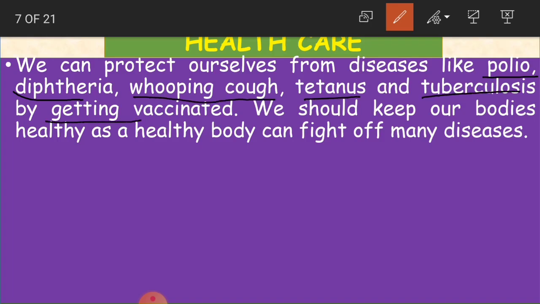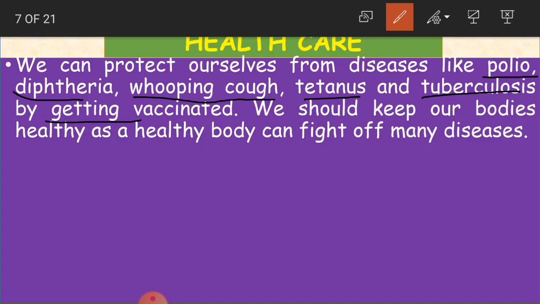Yes, communicable diseases. Okay, and we can be protected from these diseases by getting vaccinated. You have to get yourself vaccinated, you have to take a vaccine. So that you will not get these types of diseases ever in your life if you take this vaccine.